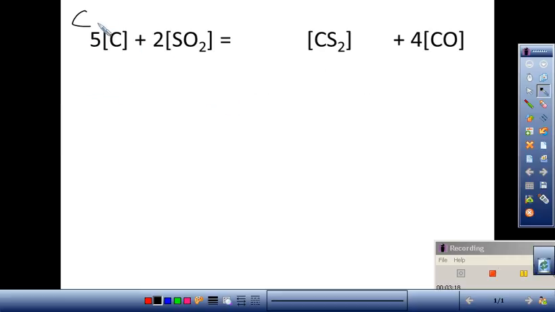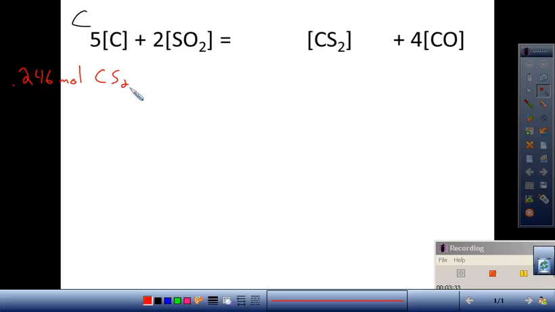Letter C says I have 0.246 moles of CS2, and I want to know how many moles of carbon monoxide I have. Okay, so if I end up with this, how many moles of this?